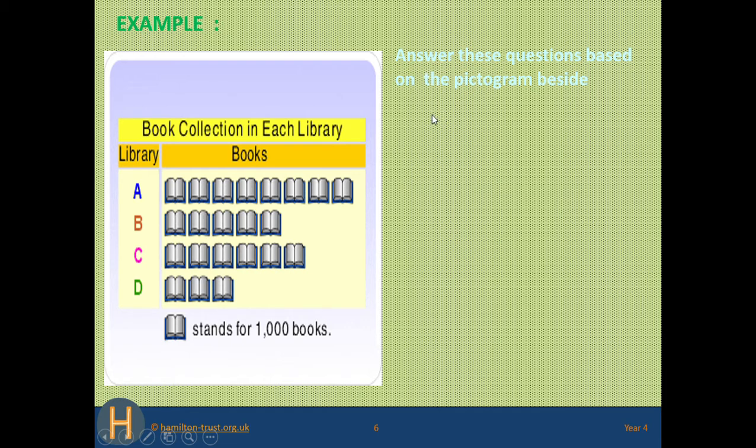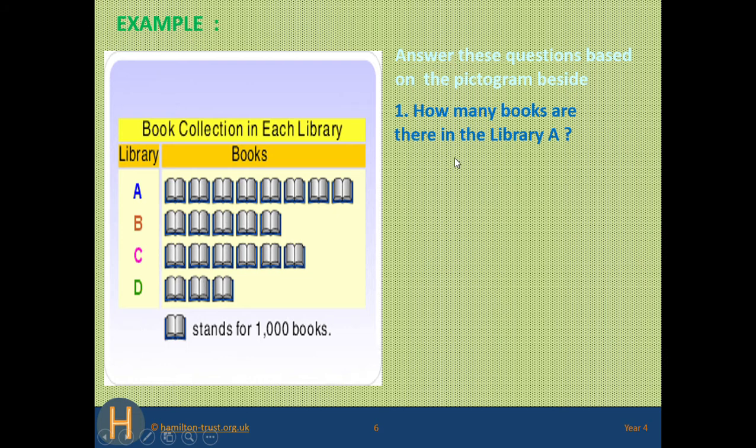Answer this question based on the pictogram beside. Ya, biasanya ada pertanyaan. Jadi the pictogram have many information, ya. Jadi di sini akan banyak informasi yang didapat. For example, you can answer this question based on the pictogram beside. Number 1.